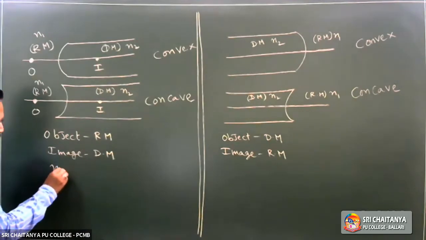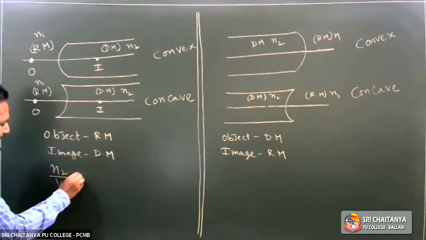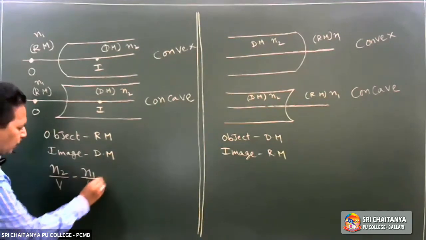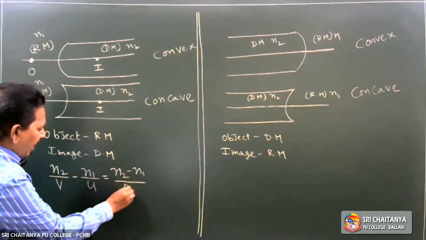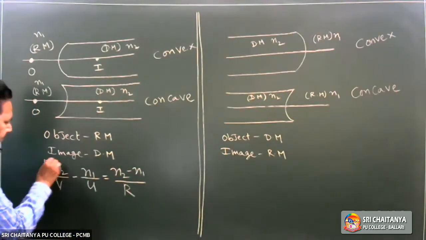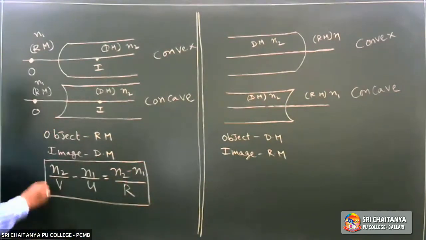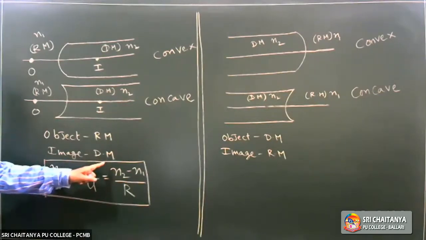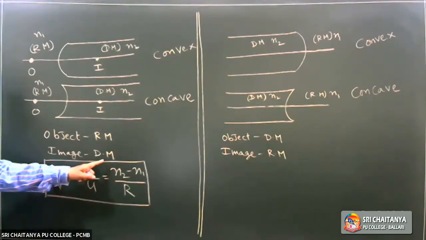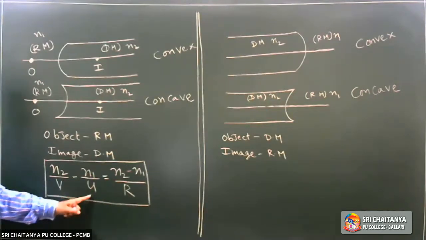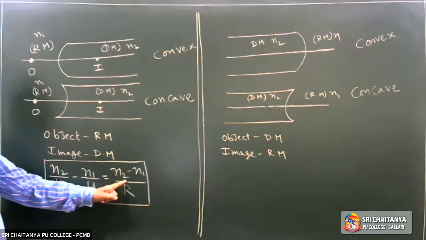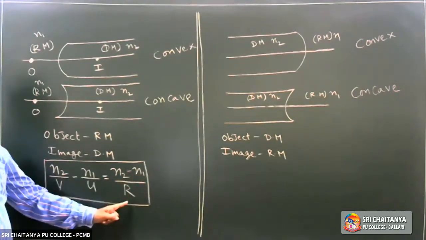What is that? N2 by V minus N1 by U is equal to N2 minus N1 divided by R. Yesterday already derived. When the object is in the rarer medium and the image is in the denser medium, the refraction formula for the spherical surface is N2 by V minus N1 by U is equal to N2 minus N1 by R.